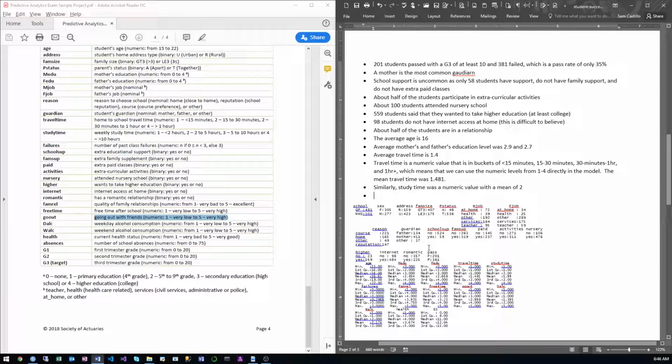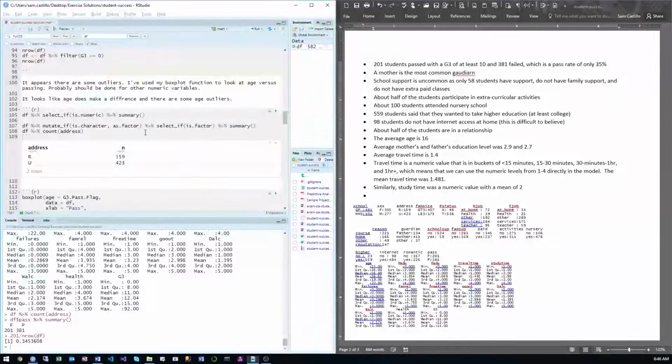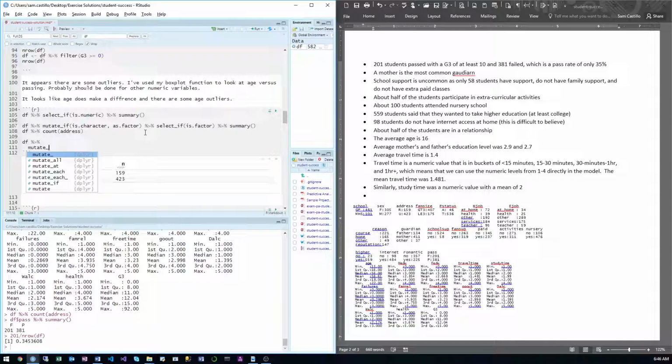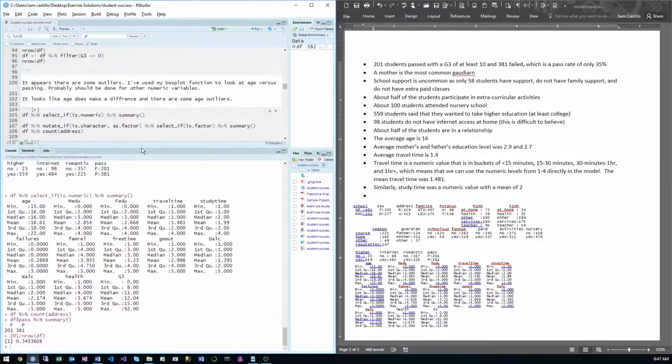So is it better in this case to look at these from a frequency perspective? If we want to do that, we can say df select, and then I'll select the variables that I want.